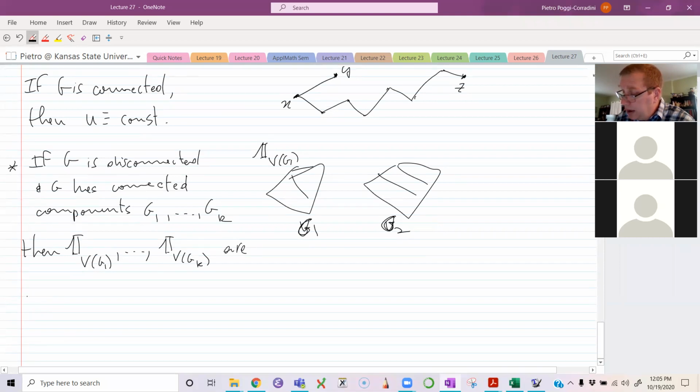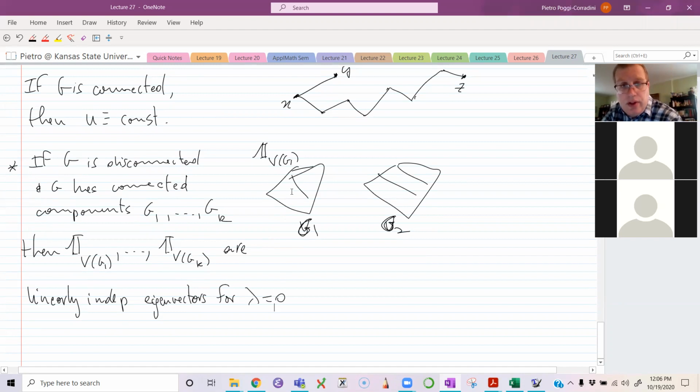They are linearly independent eigenvectors for zero, because they're constant here, so the gradient is zero everywhere.